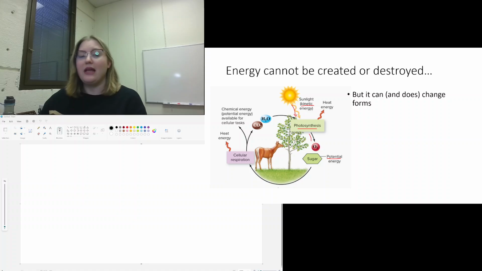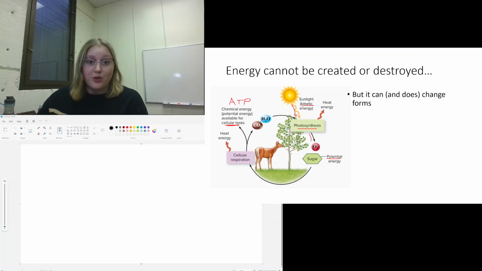energy. Now, when cellular respiration occurs, and this occurs in most organisms, then this sugar molecule, those covalent bonds get broken, energy gets released and converted into ATP, which is our cellular energy that gets used for cellular tasks.